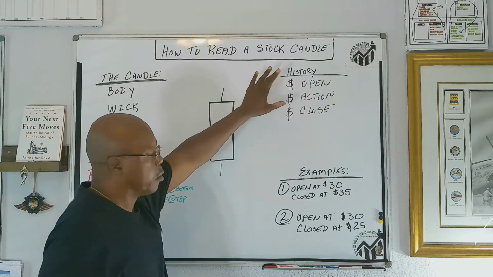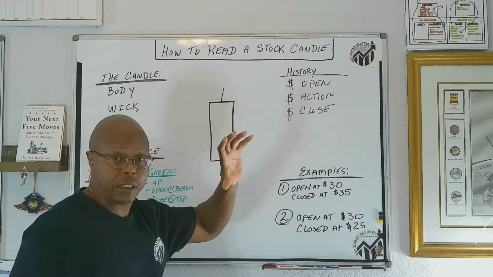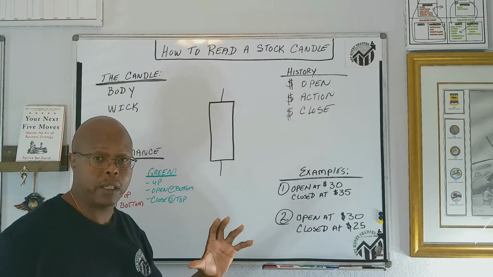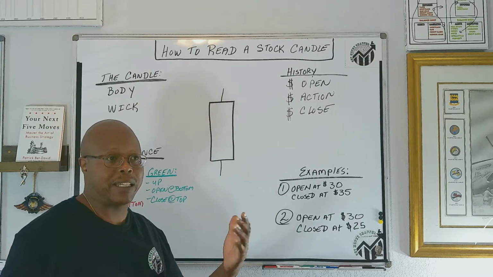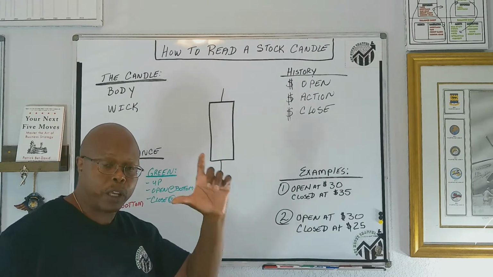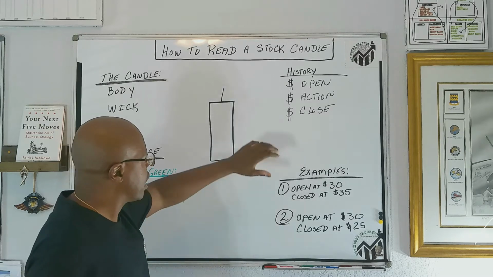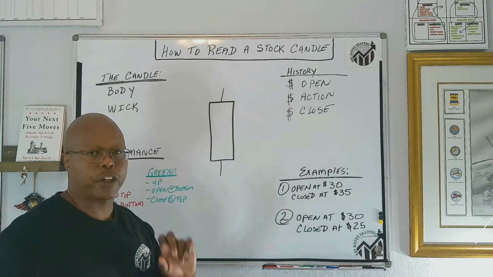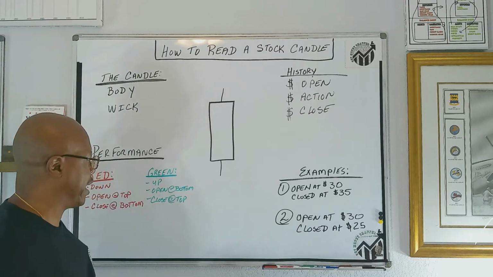You've got the price open, you've got the action that happened within that time period, and most of the ones that I use are days. So normally one candlestick will represent one trading day. And then you have the close. Where did it close? A price close at the end of that trading day.